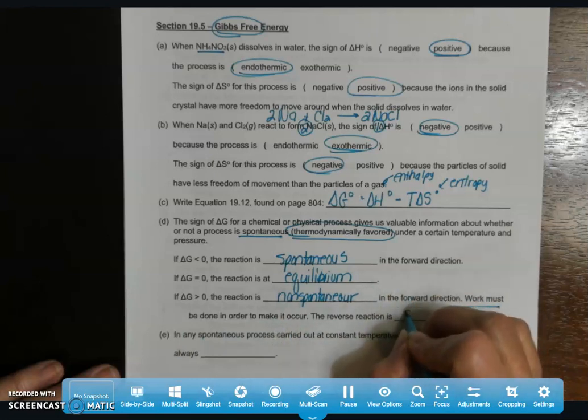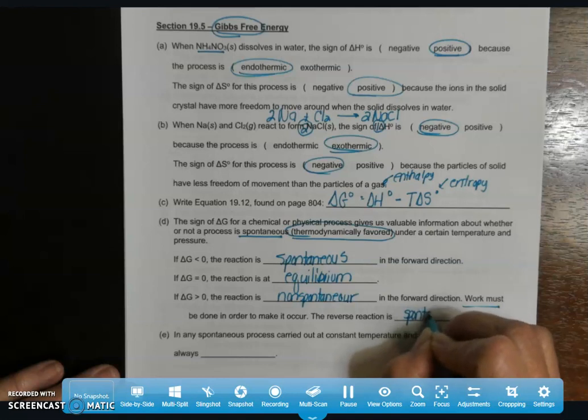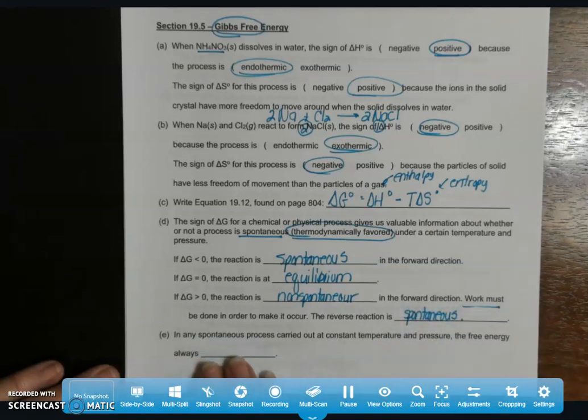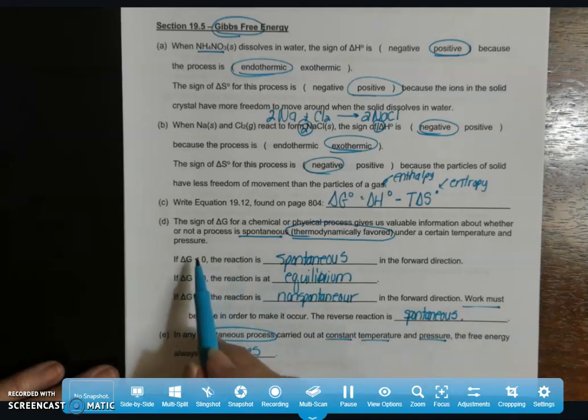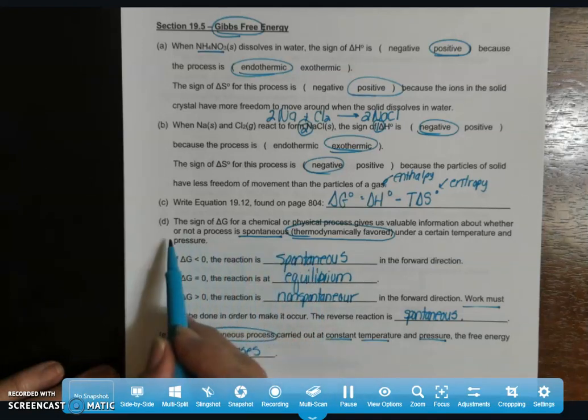The reverse reaction, however, would be spontaneous. In a spontaneous process carried out at constant temperature and pressure, the free energy always decreases. Remember, on the number line, we're going in this direction.